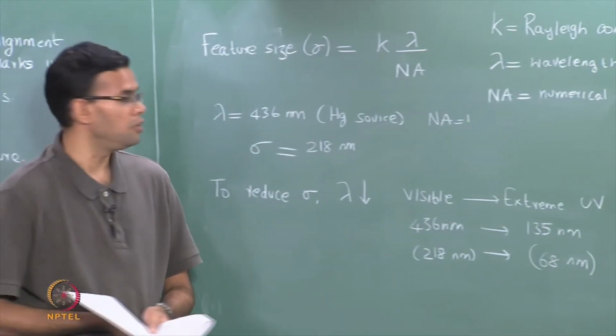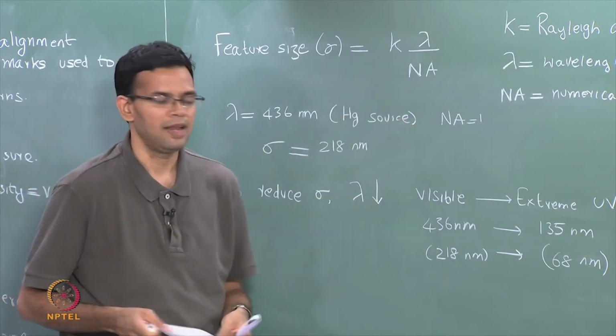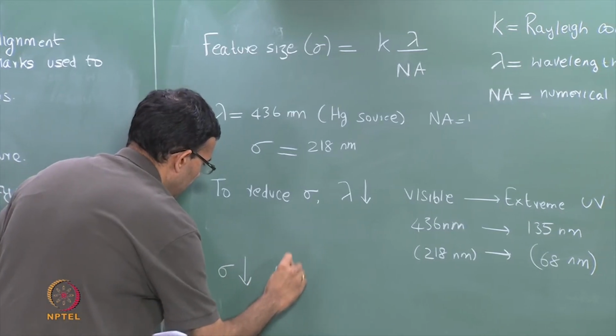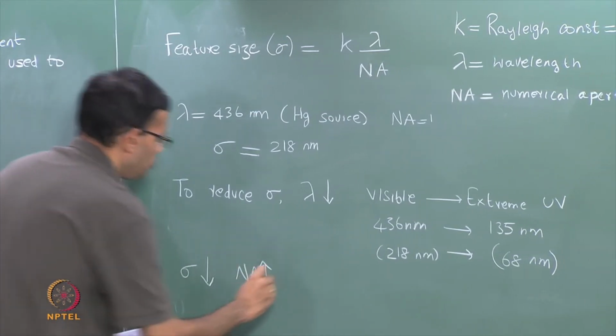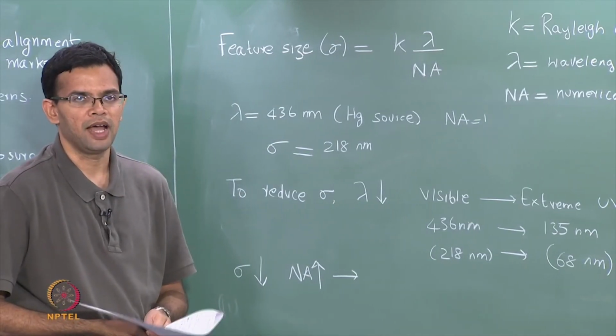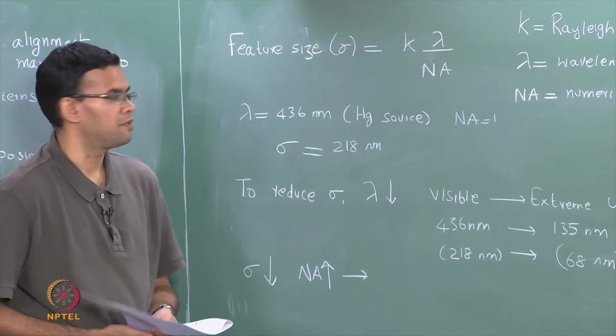Another way to reduce the feature size is to increase the numerical aperture, increase NA. Usually water or oil is used as the medium instead of air. This is because water or oil has a higher refractive index.